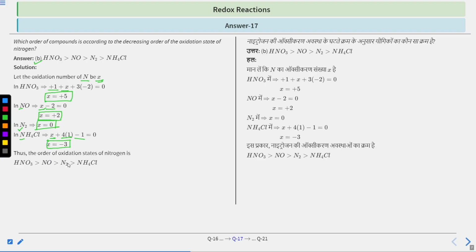As you can see, the highest oxidation number for nitrogen is in HNO3, then NO, then N2, and lowest in NH4Cl. Thus, option B is the correct answer.